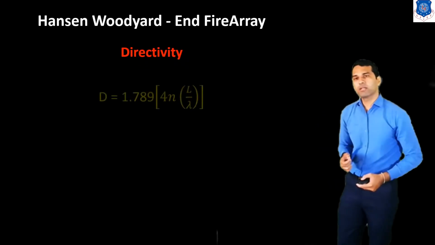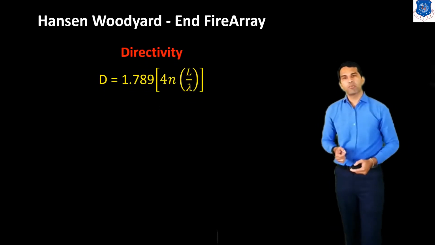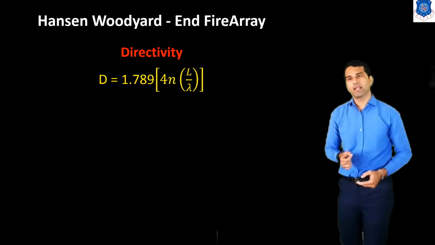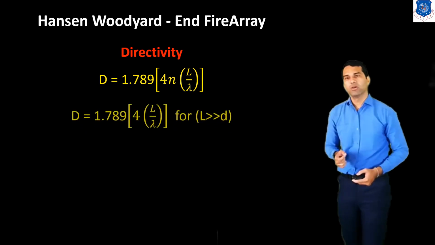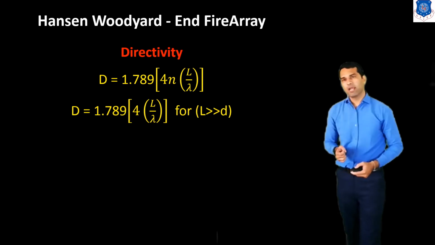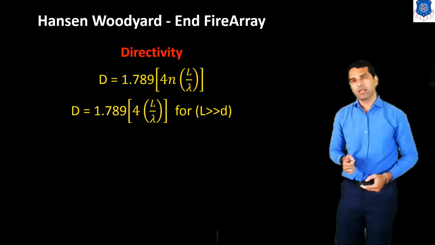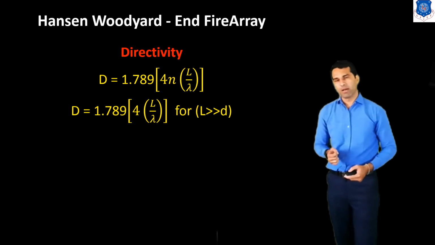Now we discuss the directivity. The equation for the Hansen-Woodyard end-fire array directivity is D equals 1.789 times 4 n d by lambda.